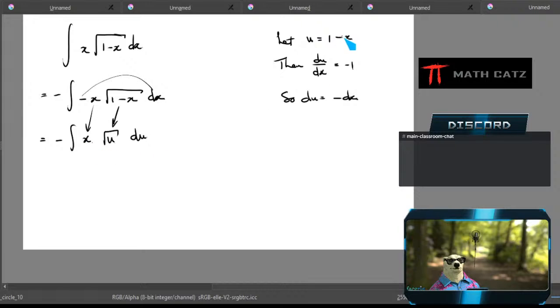But luckily, I can go back here and look at my substitution, which is really giving me a relationship between the u variable and the x variable. That sure, I ideally use it in this way, but I can also use it in the other way by just solving for x.